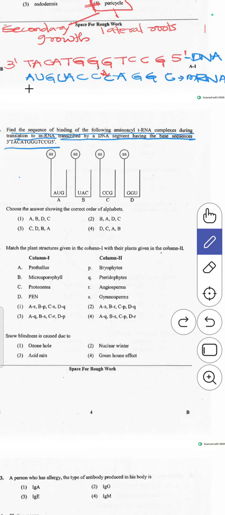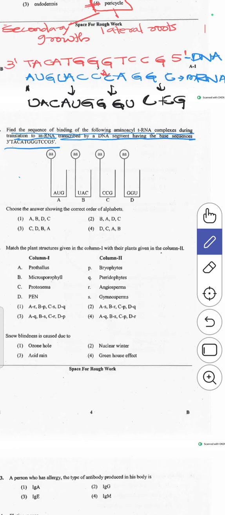Again I will write the tRNA. If they combine here, AUG, U, A, C. For this triplet, A, U, G. For this one, G, G, U. For this one, C, C, G. So C, C, G.